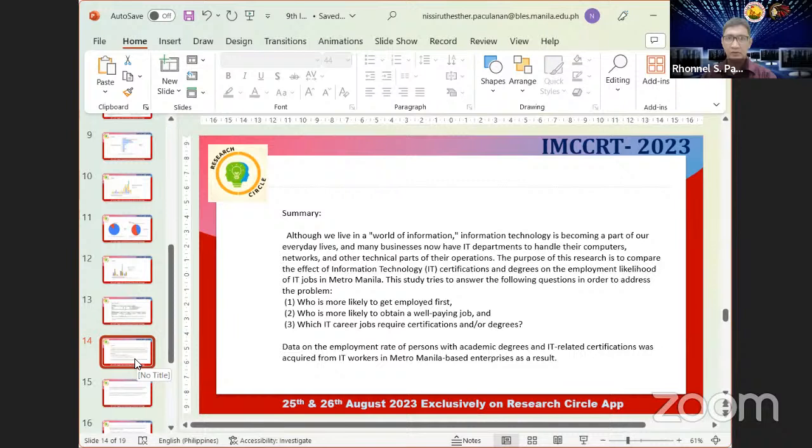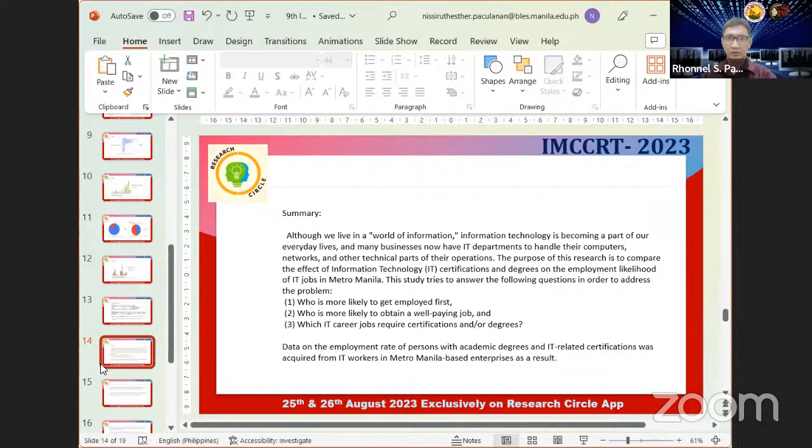So this study tries to answer the following questions in order to address the problem. Who is more likely to get employed first? Who is more likely to obtain a well-paying job and rich IT career job, one requiring certification or a degree?